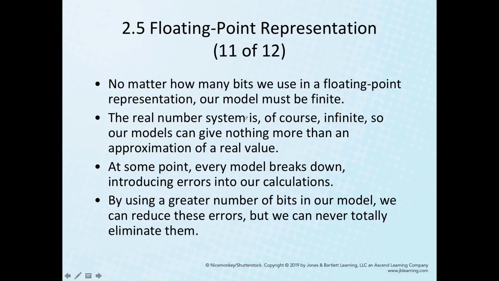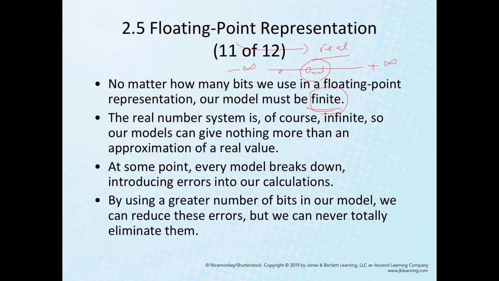Another thing you need to remember is that no matter how many bits we use in floating point representation, our model is finite. It means that we can represent only a finite number of values. Floating point is to represent the real numbers in math. In real numbers, you have negative infinity and positive infinity, and even between 0 and 1, you have an infinite number of values.